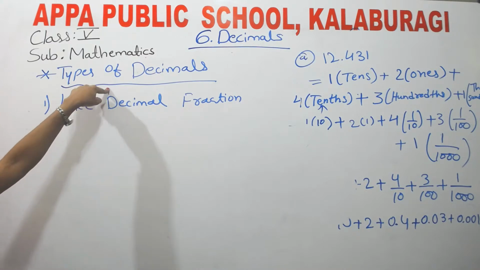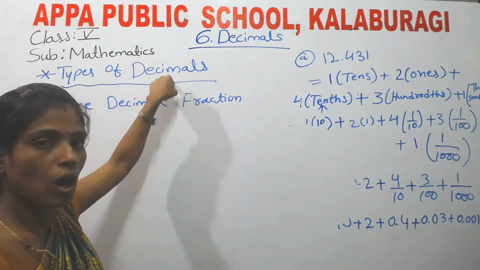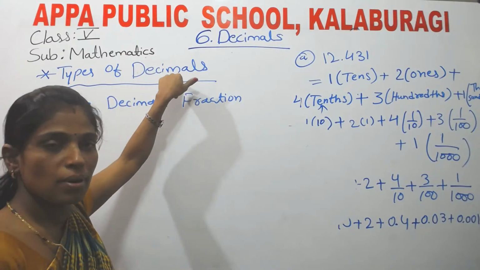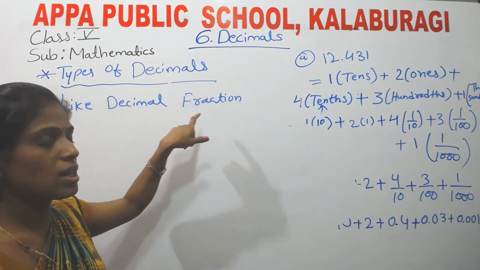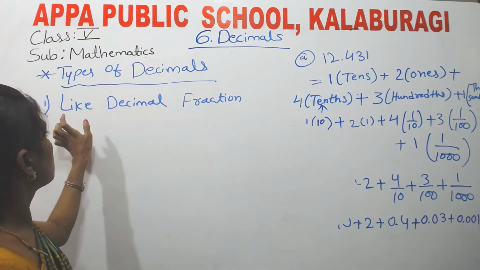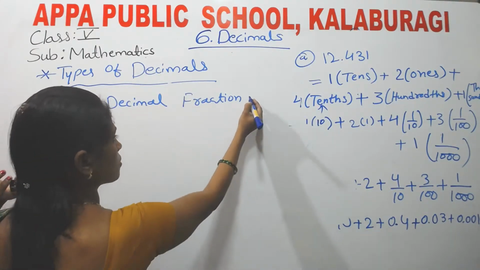These decimal numbers are also called decimal fractions. Or you can write like decimals or like decimal fractions.